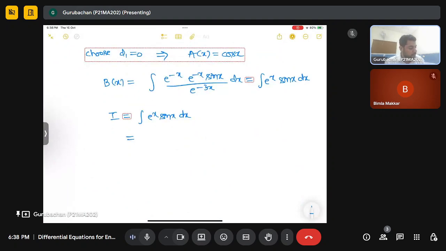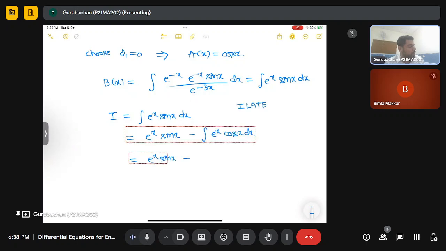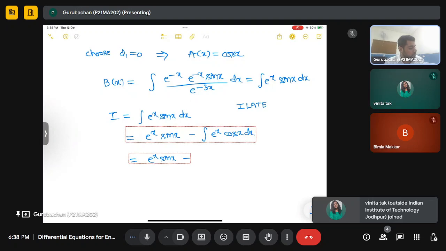So this is now e to the power x sin x. As per the Euler rule, we use the trigonometric expression for the differentiation. So this will be minus e to the power x, and when you differentiate sin it will be cos, sin x minus, so this will become e to the power x cos x.